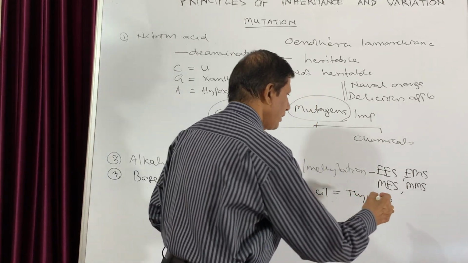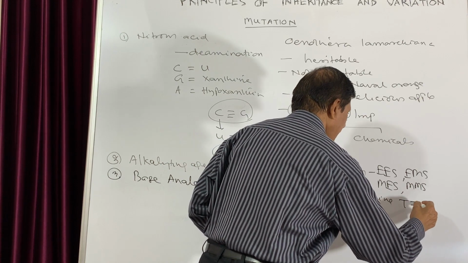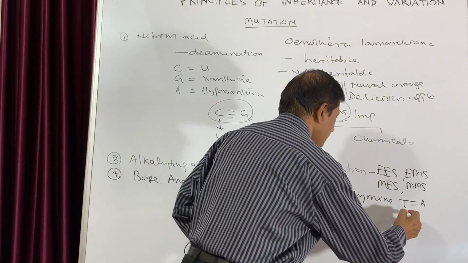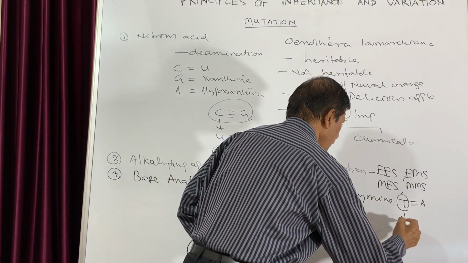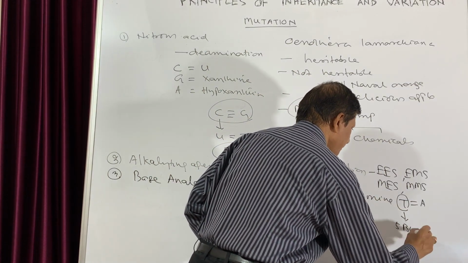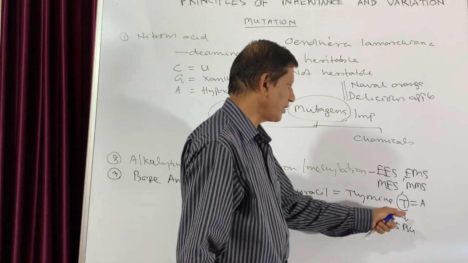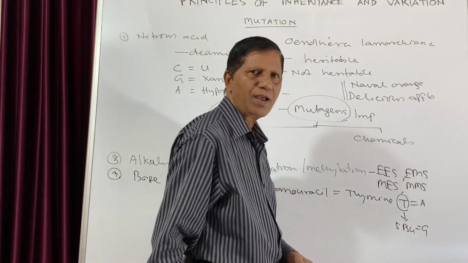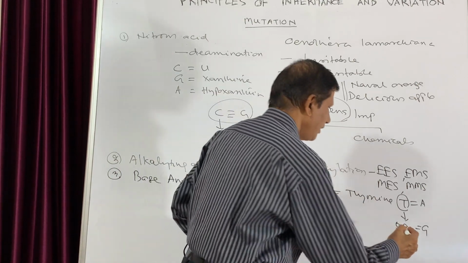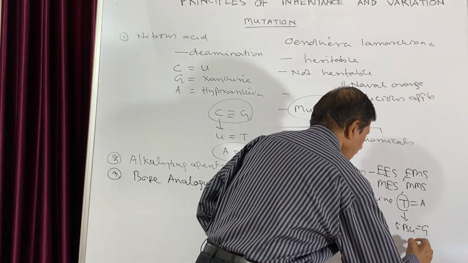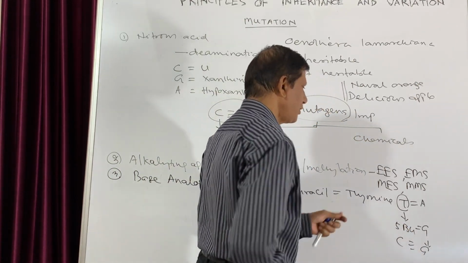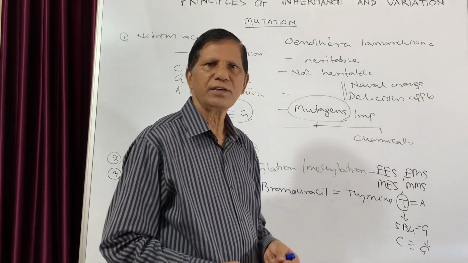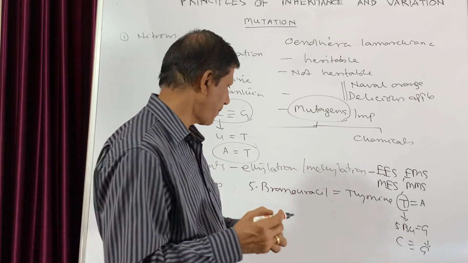So suppose in one case this thymine combines with A. Now this thymine will be changed to 5-bromouracil. Then it will not combine with A. It will combine with G. And in the next replication, this G will pair with C. So you see originally it was TA, but finally converted to CG. So in this way the changes take place.